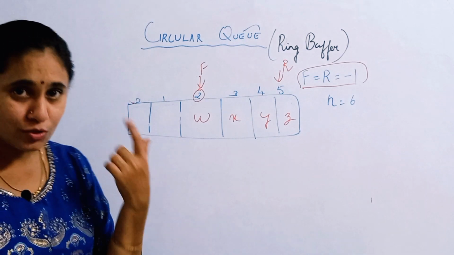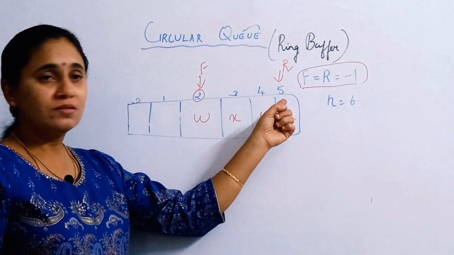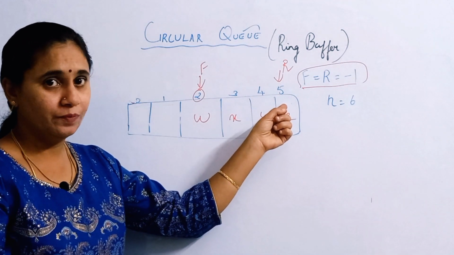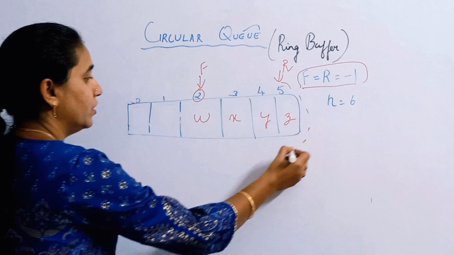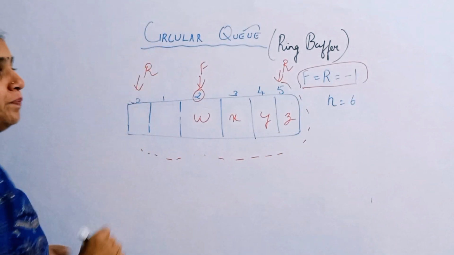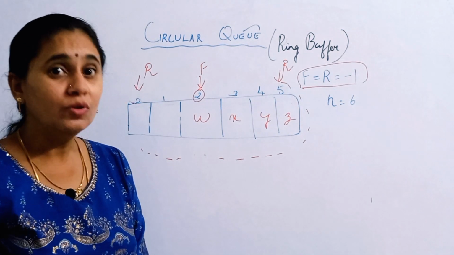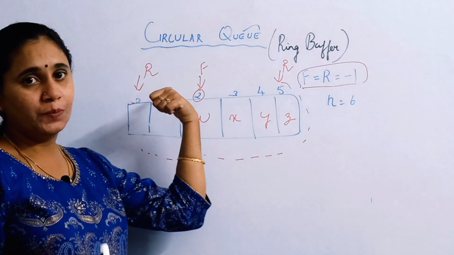Now what I should do is, since these two spaces are free and R is pointing to the last index value, I must move this rear pointer to point back to this location. That is, I must reinitialize the value of the rear pointer to 0.